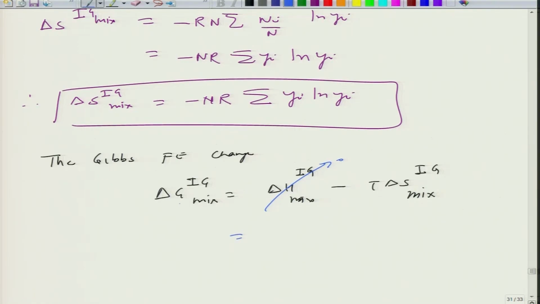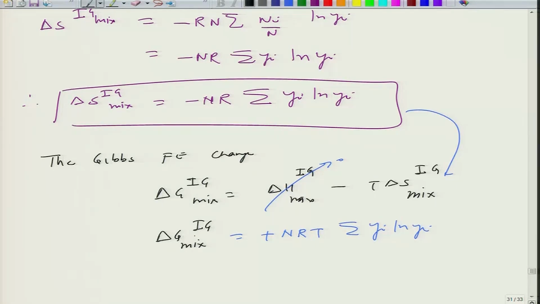So, with this, delta G ideal gas mixture is nothing but plus nRT summation y_i ln y_i. You put it here, you get this expression, that is your delta G ideal gas mixture.